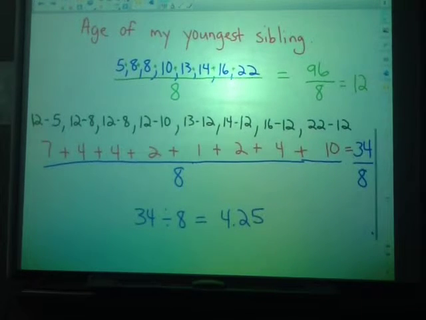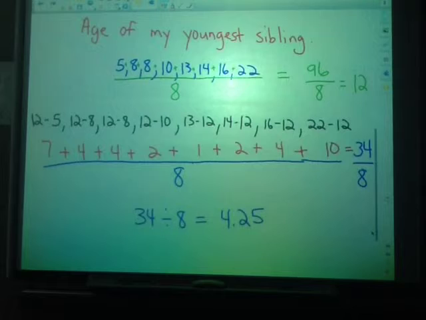Then I flipped it over because 13 is bigger than the mean, so I did 13 minus 12. I want to keep my numbers positive so I don't start getting into positive and negatives and adding, so we don't want to take that smaller number and subtract a bigger. Eventually I did all 8 and I got 34 after I added up all the numbers in red.